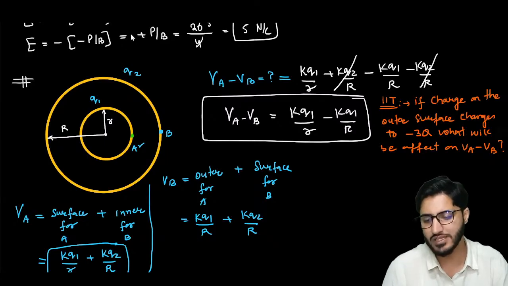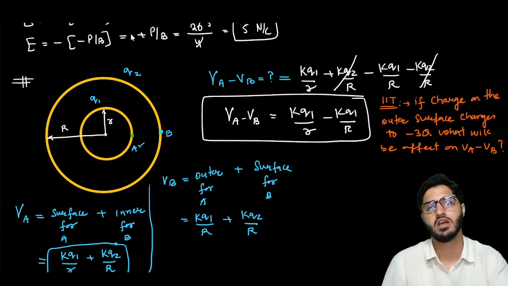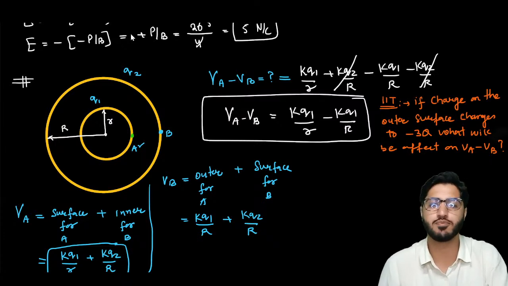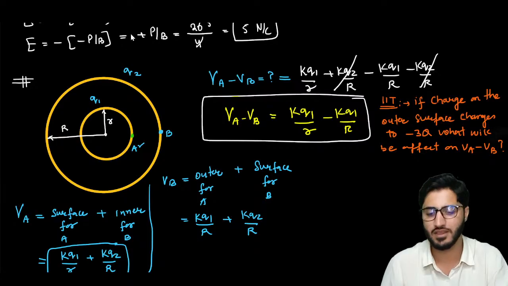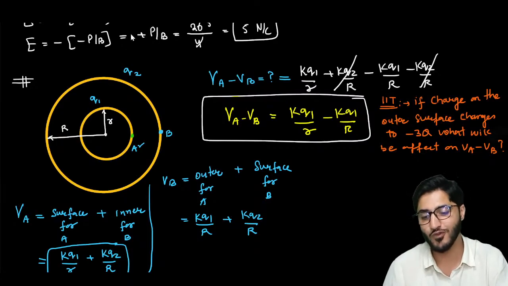Look, I guess you're not in the mood to give me the answer, right? So I will give you the answer. Look here. As we can see in this particular equation, the Q2 term is not included. Yes, there won't be any effect.